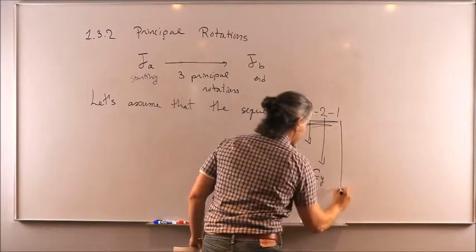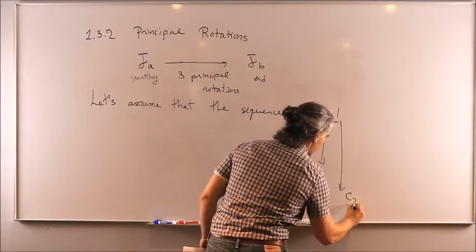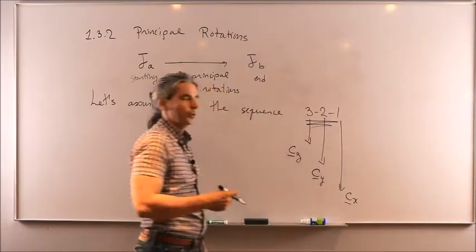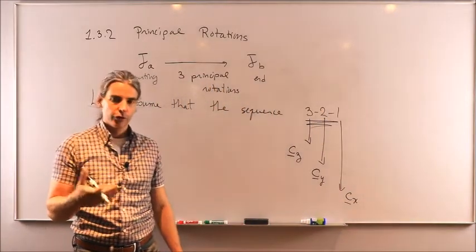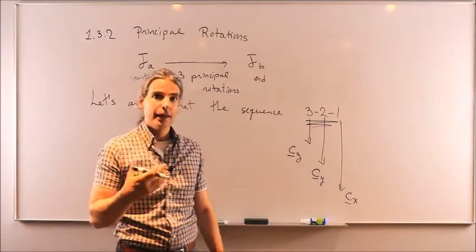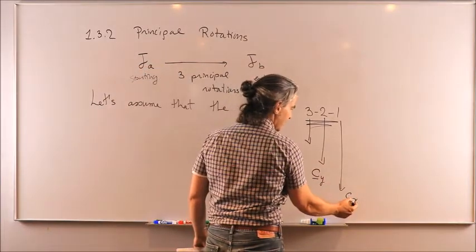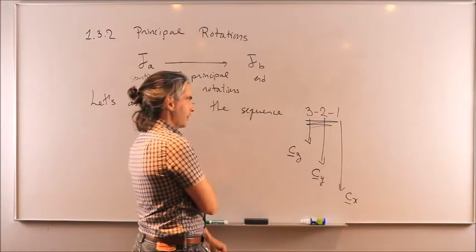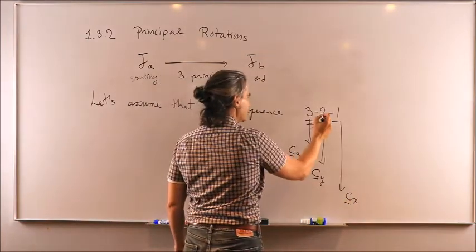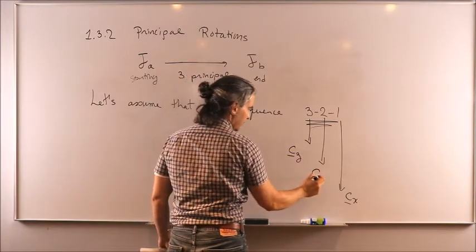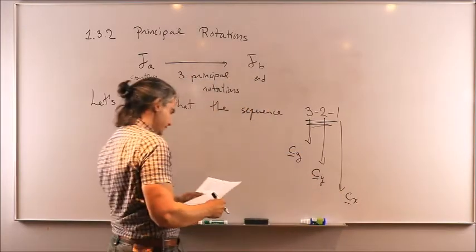And finally, you have 1 in the sequence, and the 1 here means that you are spinning about the first unit vector of a reference frame, and that is the X unit vector, and therefore this is your CX principal rotation. So the sequence 3, 2, 1 means that you are rotating about Z, rotating about Y, and rotating about X. Okay.